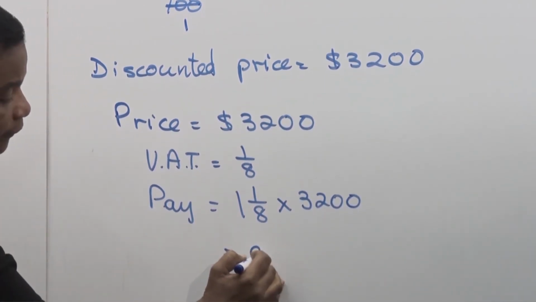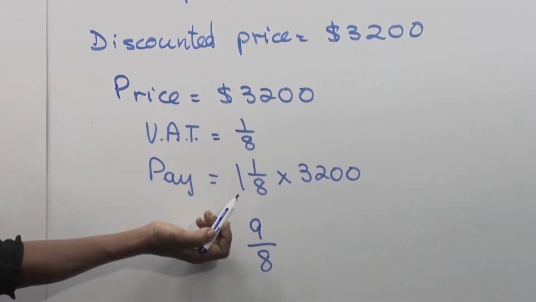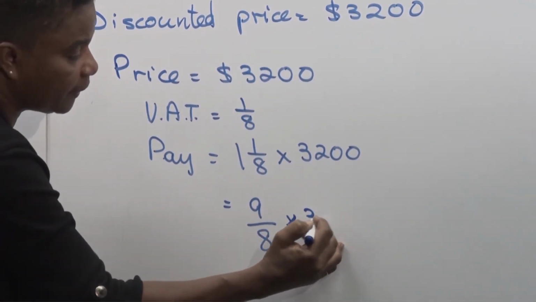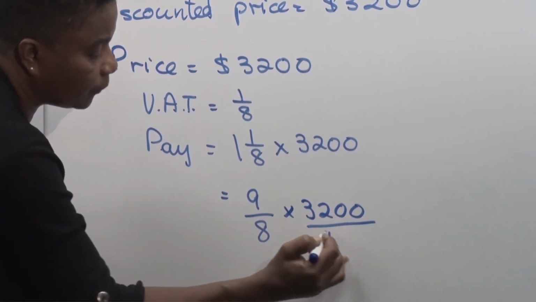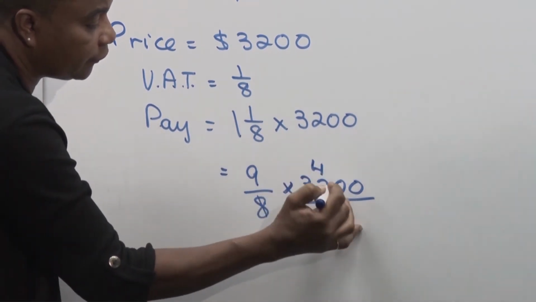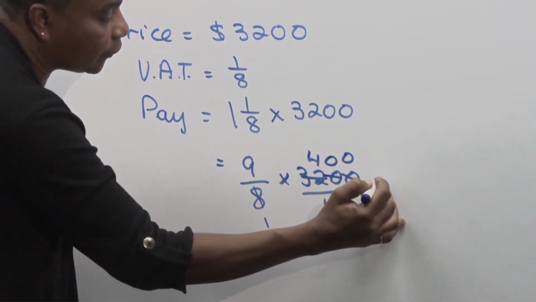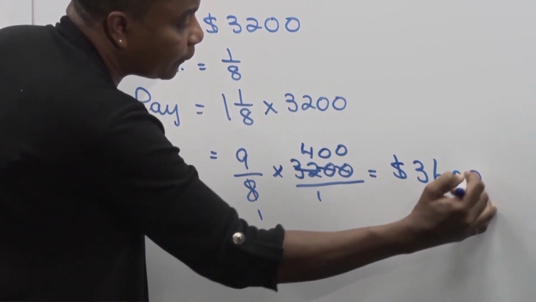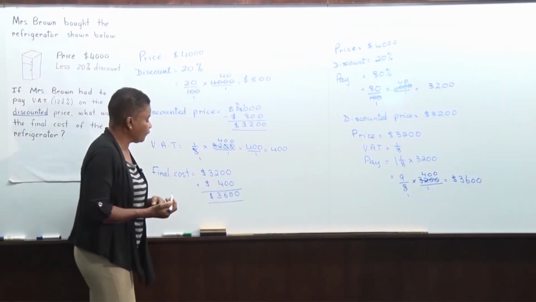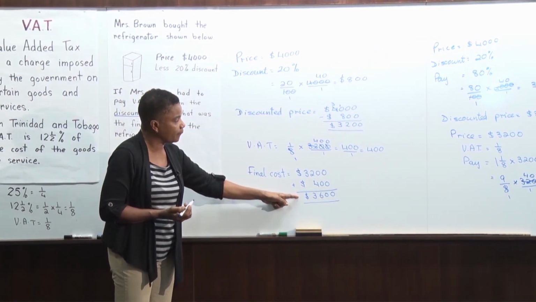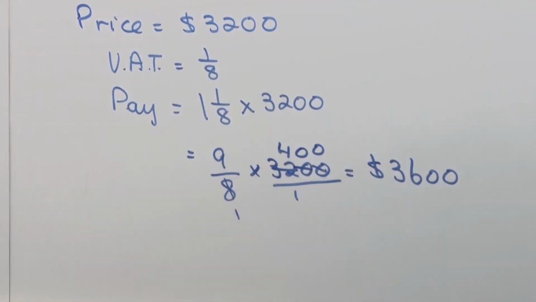Let's work that out. 9/8, when we convert our mixed number to an improper fraction, and we are going to multiply that by 3,200. 8 into 8, 1. 8 into 32, 4. 8 into 0, 0. 8 into 0, 0. When we multiply 9 by 400, we are going to get $3,600. So whichever way you choose, whichever way you understand, you will get the same final cost of $3,600 for the cost of the refrigerator.